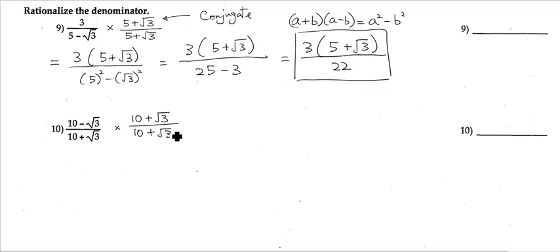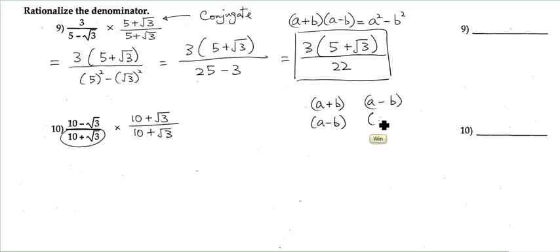It's supposed to be what? I'm looking for the conjugate of the denominator. What is that supposed to be? It's 10 minus radical 3. It's not a plus. Now be careful. The conjugate, if you have a plus b, the conjugate would be what? A minus b.